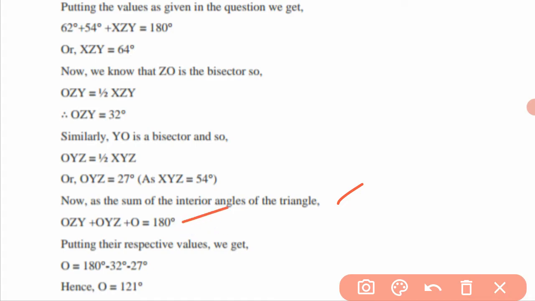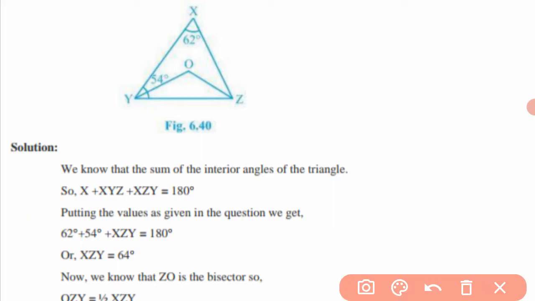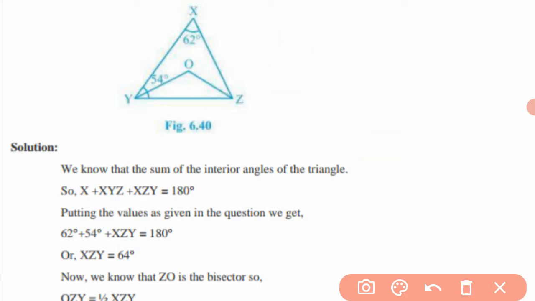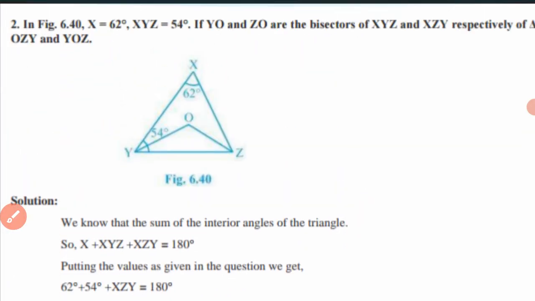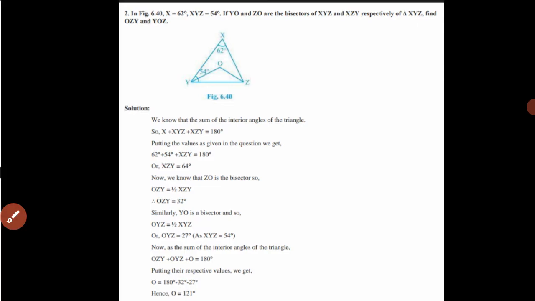Now putting the values, angle O will be 180 minus 32 minus 27, so angle O will be equal to 121. So this angle YOZ will be equal to 121 degrees. So in this way we can find the answer to this question.